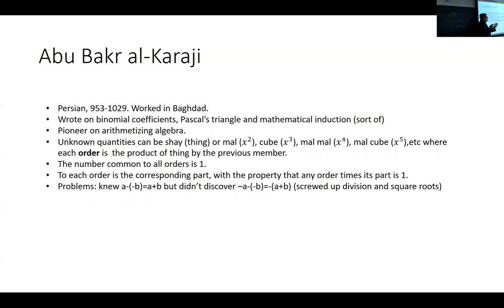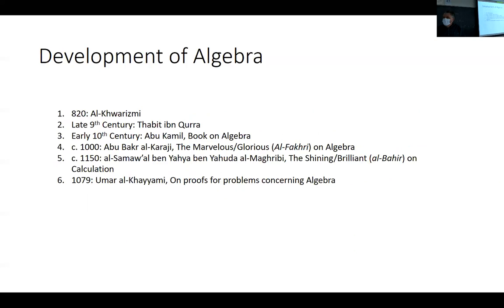So he didn't quite work it out perfectly. He almost got it. And so that's where I'll stop. The next person we'll talk about is Al-Samawal, who fixed Al-Karaji's problem.